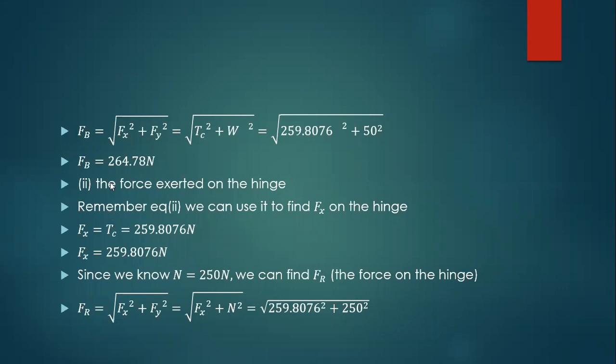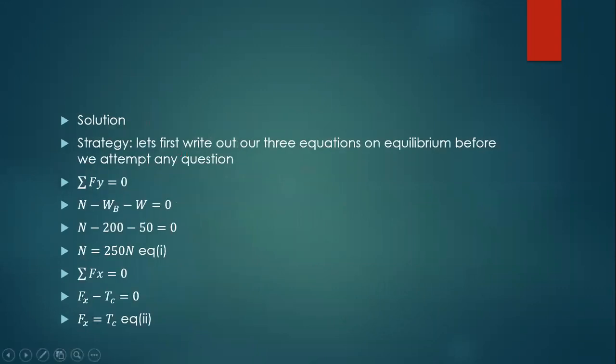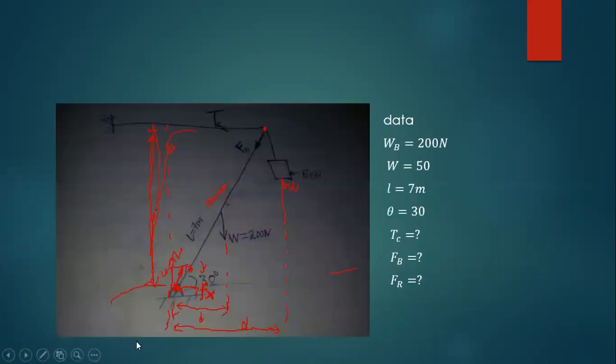So, yeah, we have found the force in the boom. We can also find the force exerted on the hinge. On the hinge, we know that we had found the normal force here, the force in the y-axis. What about the force in the x-axis?